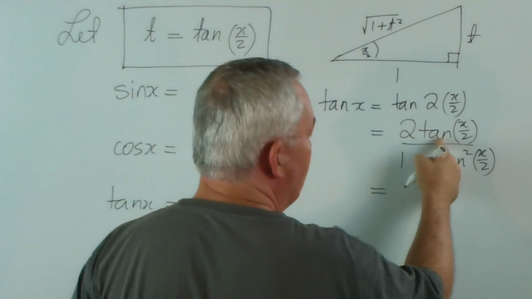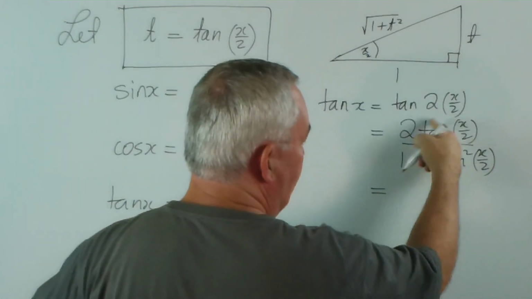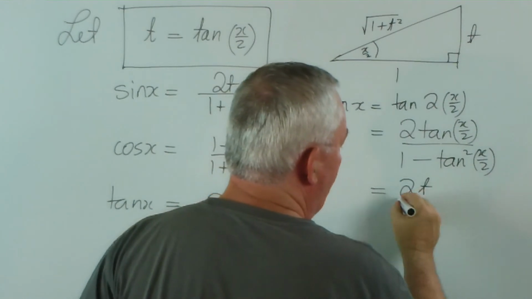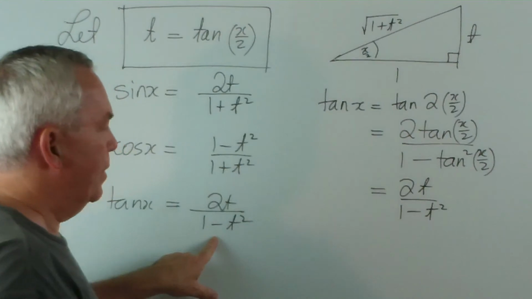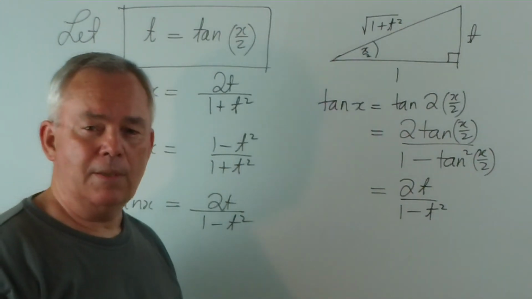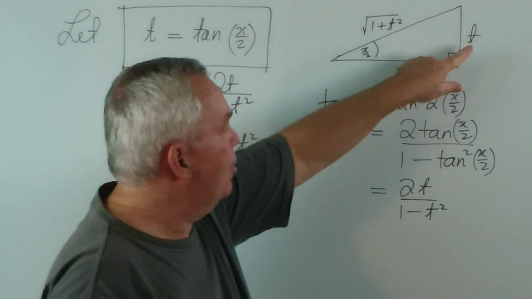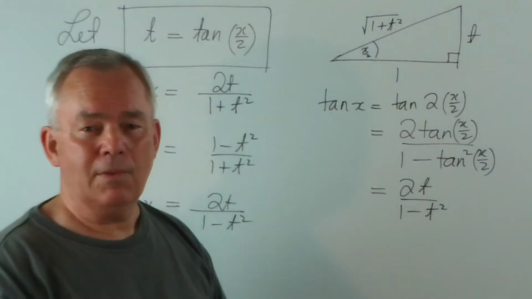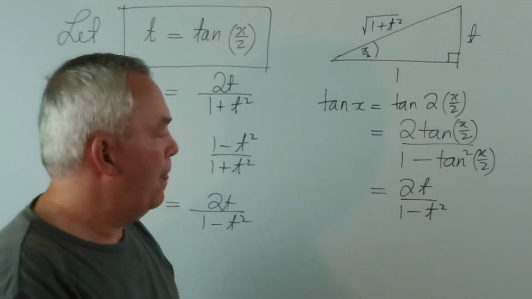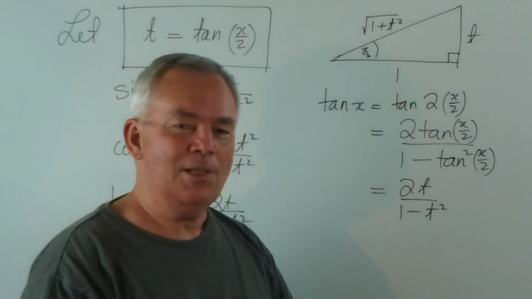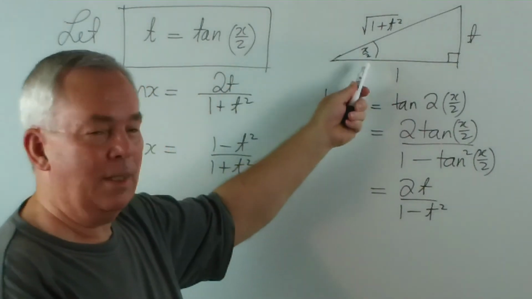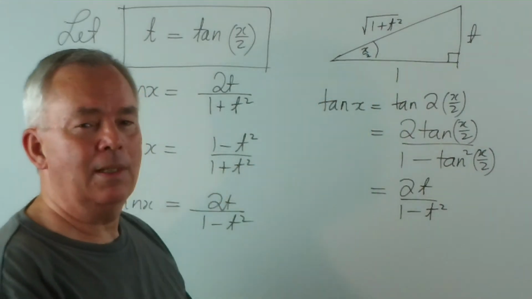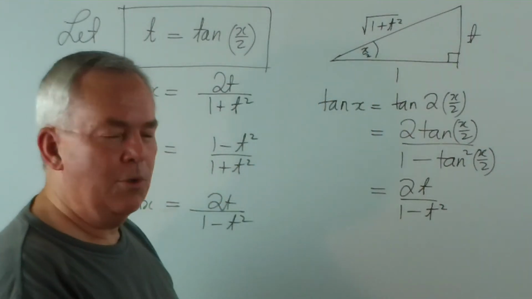So we have 2 times t over 1 minus t squared. So that derived very, very quickly indeed. That, based on this triangle here, is the second of the 3 methods that I wanted to share. I know I'm being a little tedious in this, but let's call it thorough. So we're now going to look at yet another diagram, another triangle, that might prove useful to you.